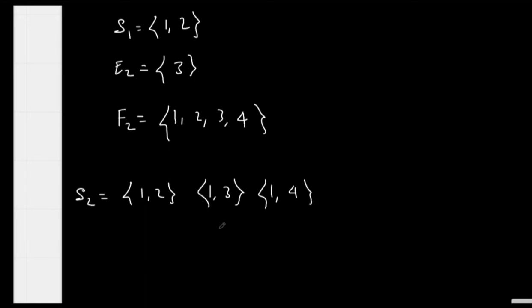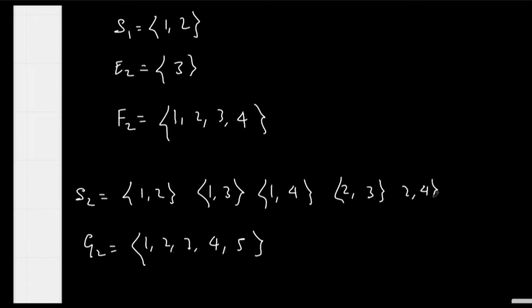For this, G2 will be there. That is 1, 2, 3, 4, and 5. If you see, we consider 2, 3, then 2, 4, and then 3, 4. So in this situation we consider 2, 3, 4, 5.